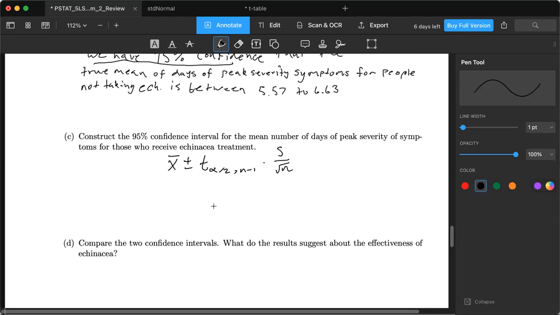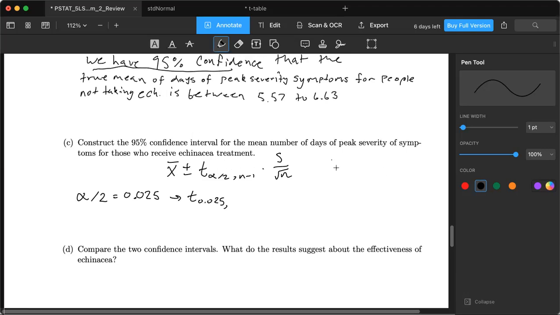So that's the general form of the confidence interval. It's still a 95% confidence interval, so alpha over 2 is equal to 0.025. That means that t sub 0.025, comma, n minus 1.